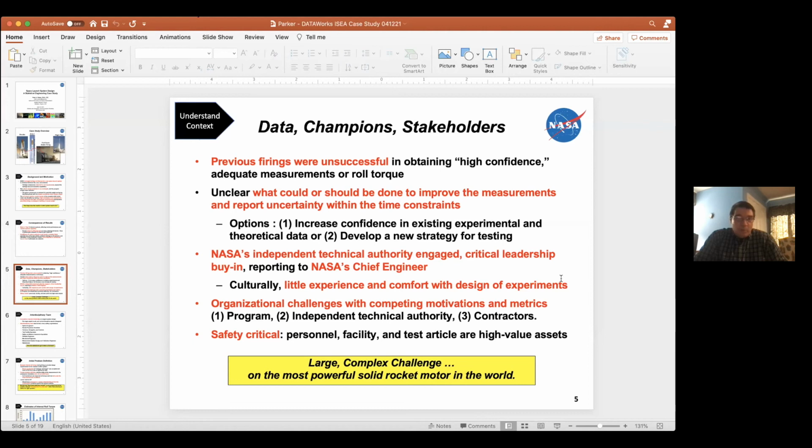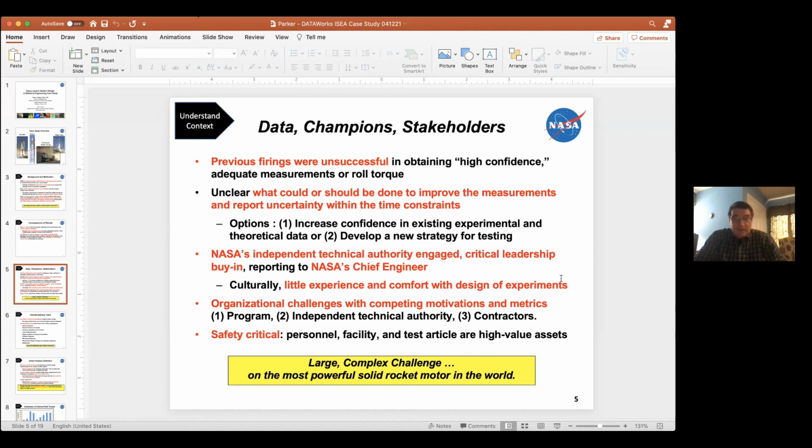So we had multiple organizations involved: the program, who was developing the system, the independent technical authority, and our contract partners, who were developing and testing the system. The system was critical in terms of safety, in terms of the facility itself, and I'll just talk about that for a minute. The test facility, the personnel, the high-value assets of that test.